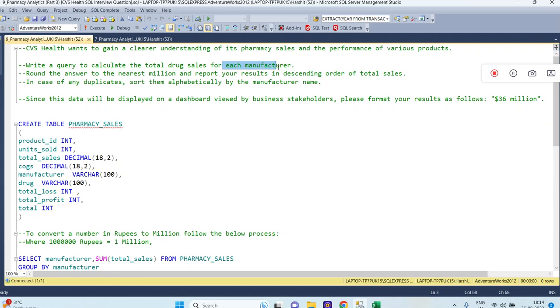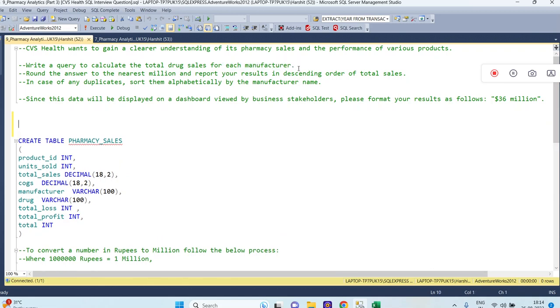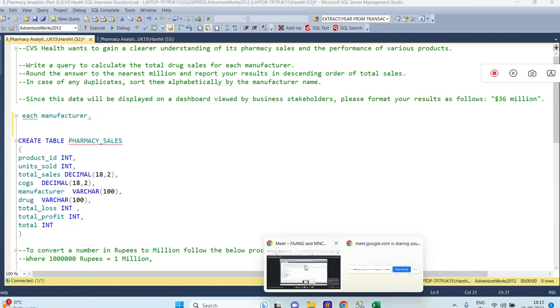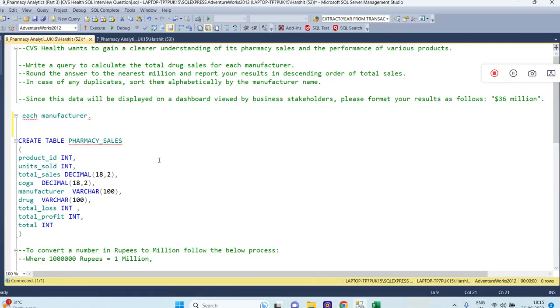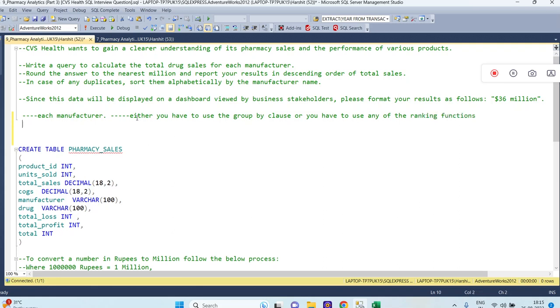Either you have to use the group by clause, or you have to use any of the ranking functions with the partition by clause. These two options will be available, right?